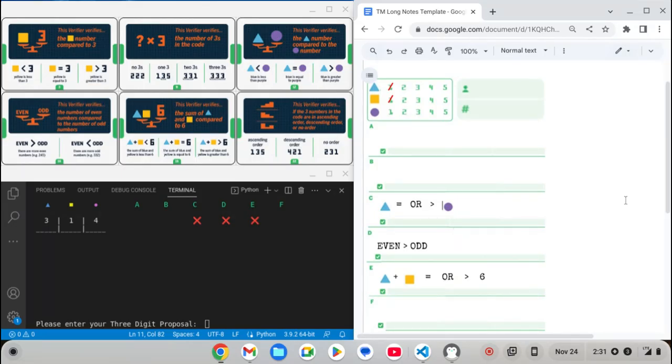So if circle, well, yeah, I guess circle could be 1 because it could be less than all of these values. What about 5? Well, can circle be 5? Well, there's nothing bigger for a triangle to be if circle were 5. So it would fail the greater than, and it can't be equal to it either, since you can't have two odds. So yeah, I think we can cross out the 5 in circle.